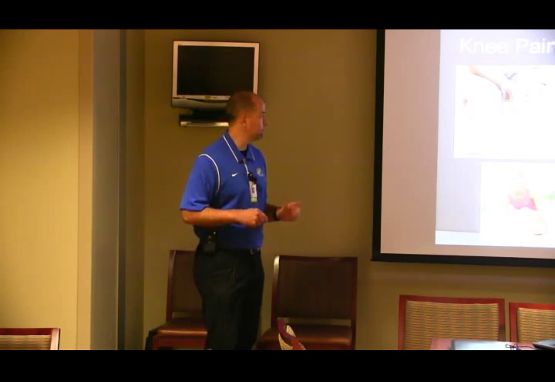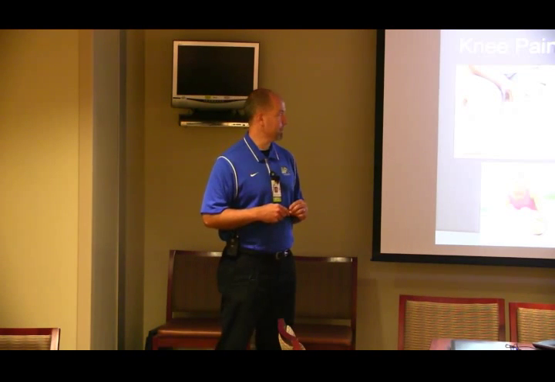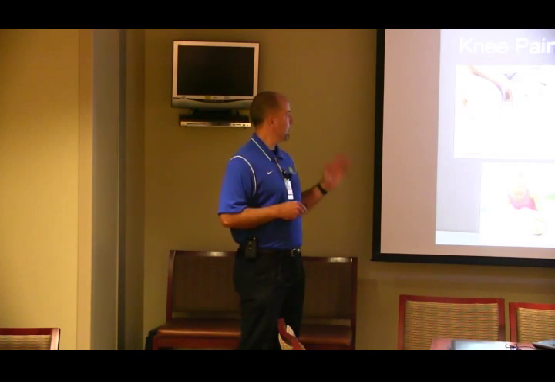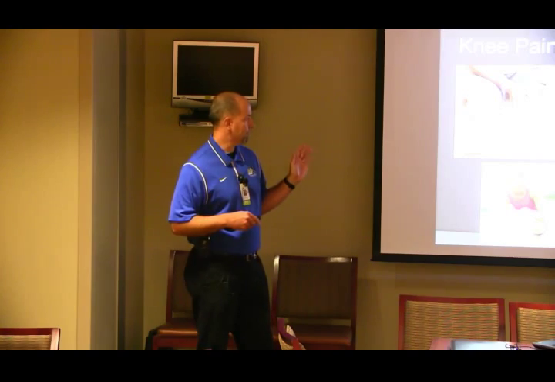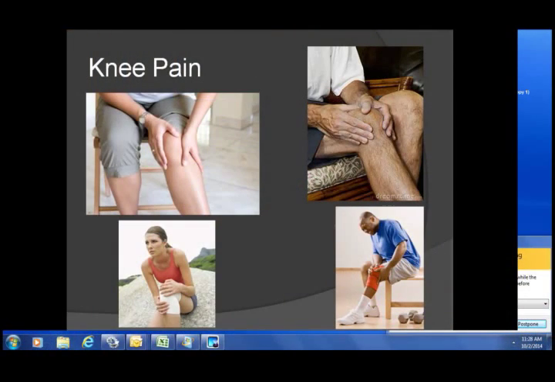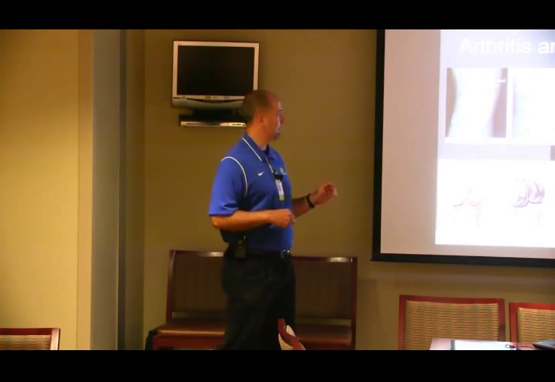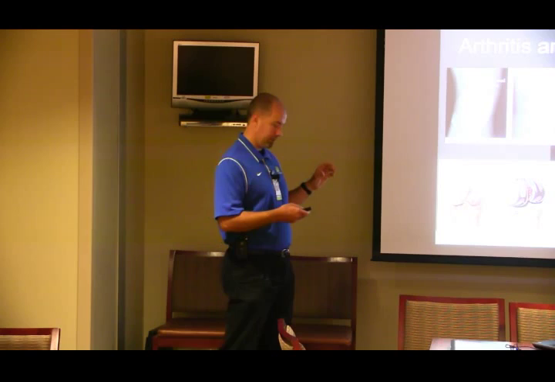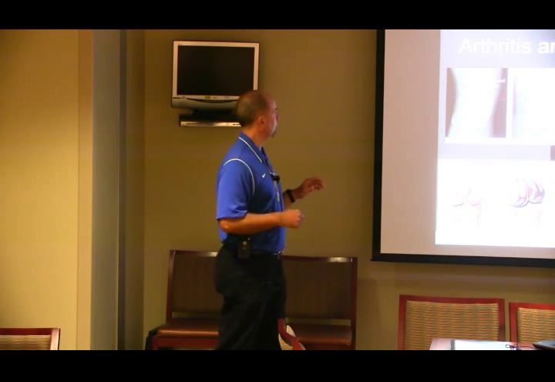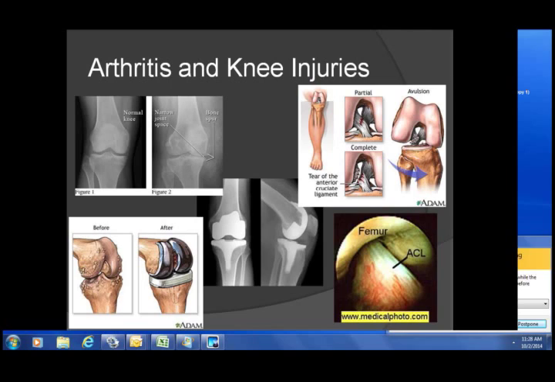So let's take a look at the slide presentation here on the wall. There are several different types of knee pain, several different areas to talk about. We all struggle with them from time to time. Here you'll see some X-rays on the top left of the screen of a normal knee and a good joint space.